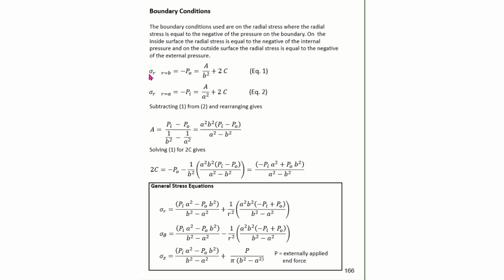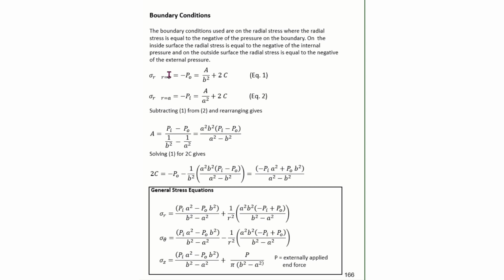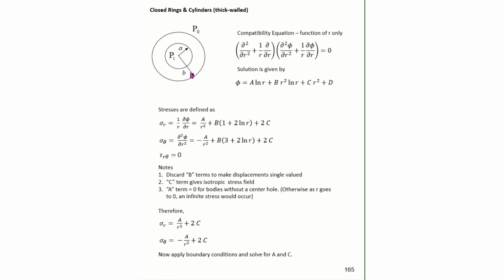So over here at sigma r, at r equals b, where b represents this outside radius and a represents the inside radius. Now some textbooks will use ri here and ro here, so don't let that confuse you. Ri is simply equal to A, and we'll use A as the inside radius and B as the outside radius.